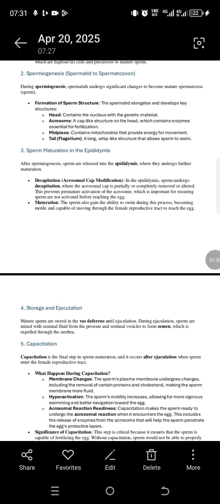They start proliferating, undergoing mitosis. These are diploid cells that undergo mitotic division. Some remain as stem cells, while others will differentiate into primary spermatocytes.